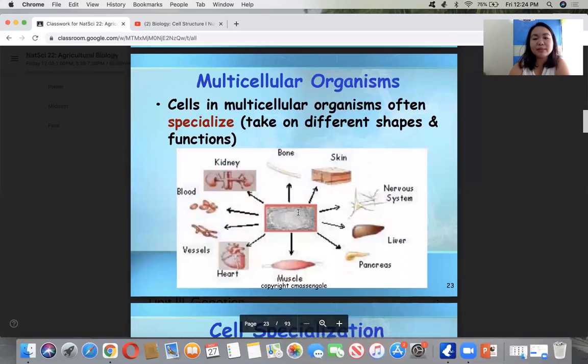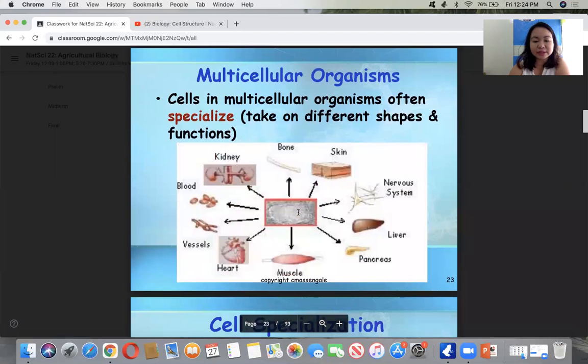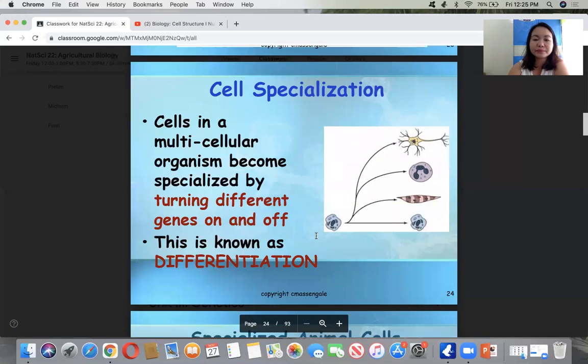So let's talk about multicellular organisms. The cells in multicellular organisms are often specialized and take on different shapes and functions, like the animals or the human beings. The multicells have formed into blood, kidney, bone, skin, nervous system, liver, pancreas, muscles, heart, and so on.